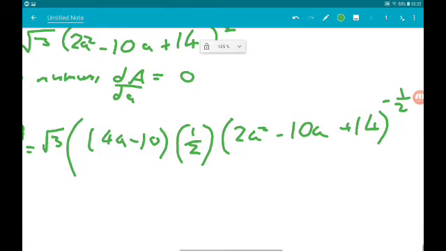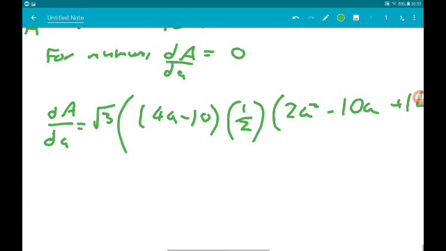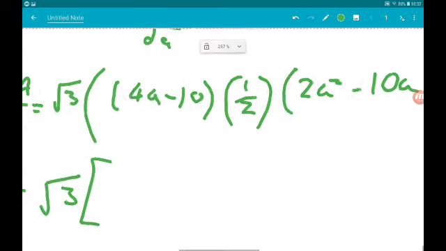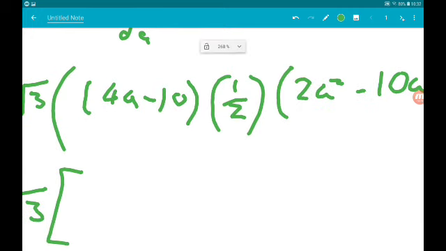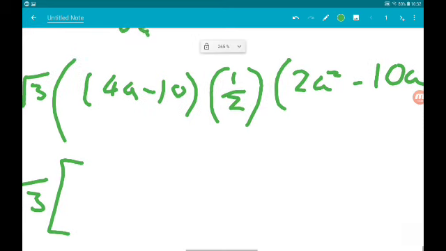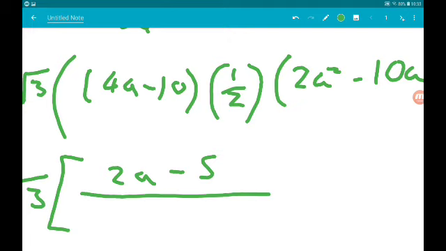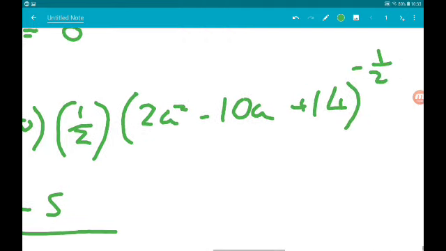Okay, so that gives us root 3 times, now that we got 4a minus 10 times a half, so that's 2a minus 5. And then that's multiplying the quadratic to the power of minus a half.